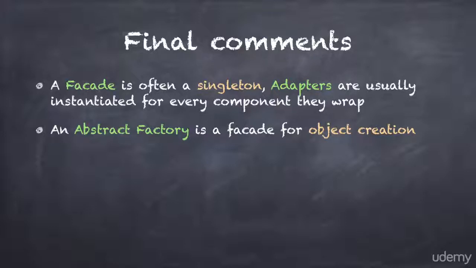Does that remind you of something? Exactly, the abstract factory. You can view an abstract factory as a kind of facade for object creation. So, in this scenario, you could also use the abstract factory pattern instead of the facade pattern.